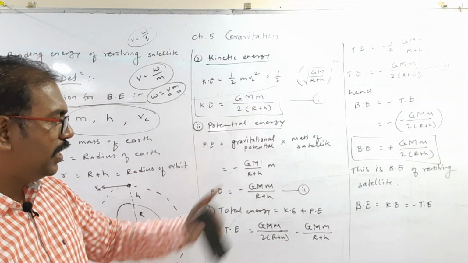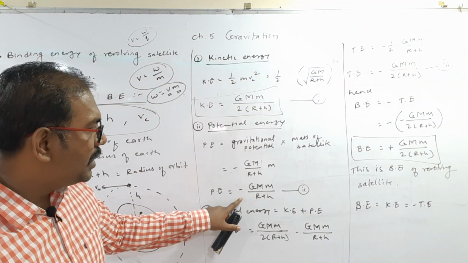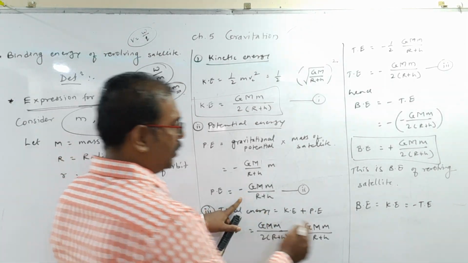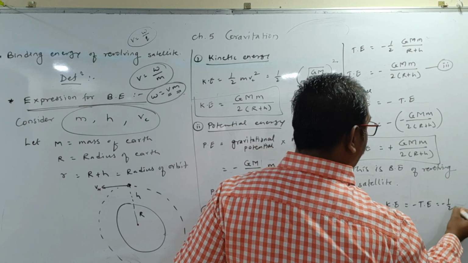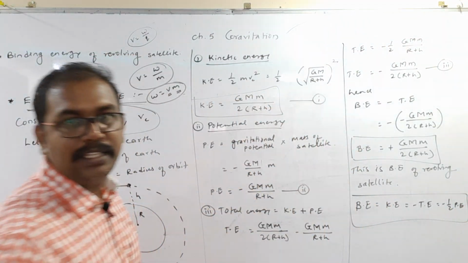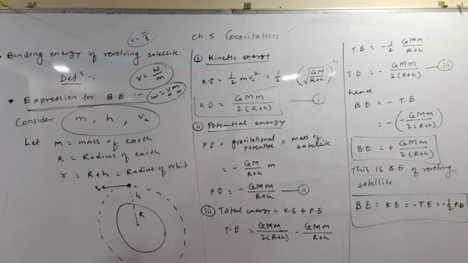Now you can see potential energy. So potential energy and binding energy, only here 1 by 2 is not there and minus sign is there. So I can write minus 1 by 2 of potential energy. So this is a relation between all these energies. I hope everyone understood this article, binding energy of revolving satellite.